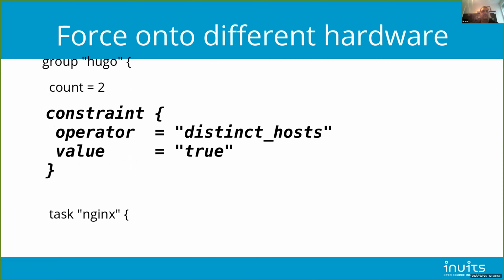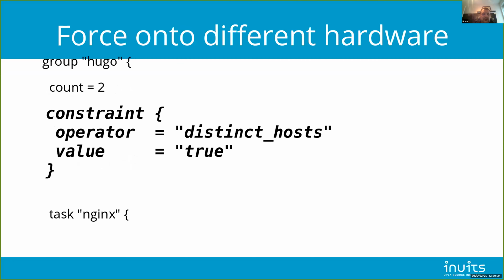But that still doesn't mean I know for sure that the underlying hardware is going to protect me, or the spread is going to protect me, because Nomad could potentially schedule the two instances on the same Nomad client. So actually you need to force Nomad to schedule it onto different hardware.